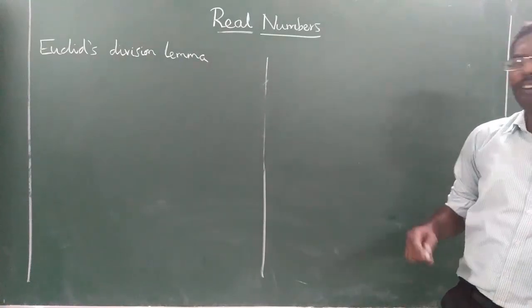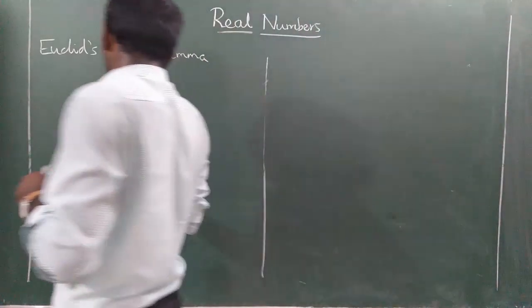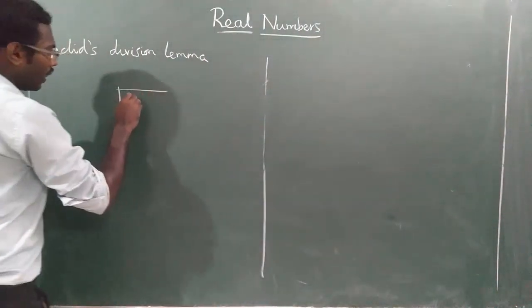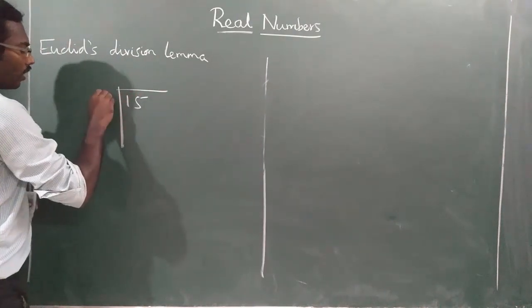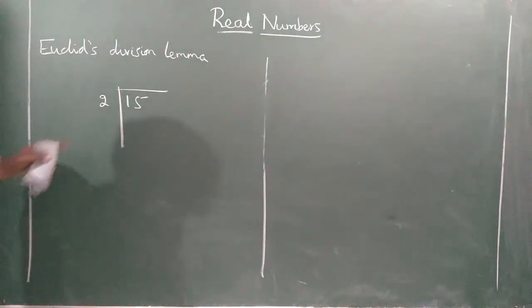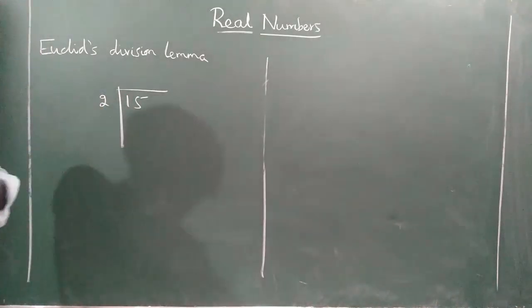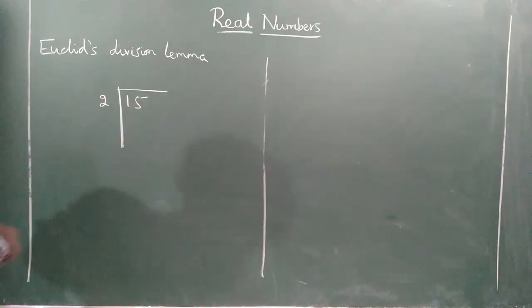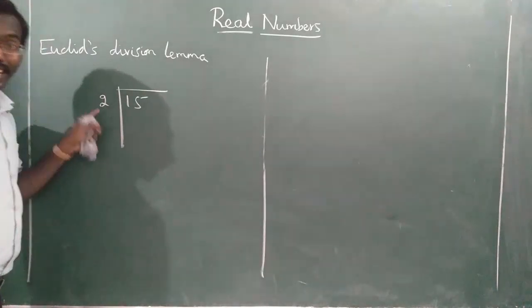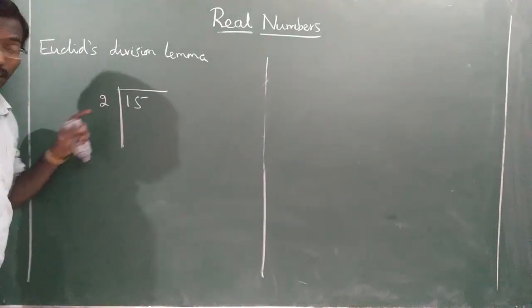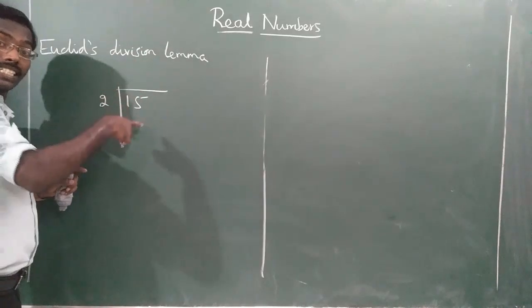So normally, how will you do a normal division? For example, if you divide 15 by 2, what will you do? You will tell the 2 table. You know 7 2s are 14. 8 2s are 16, more than that.